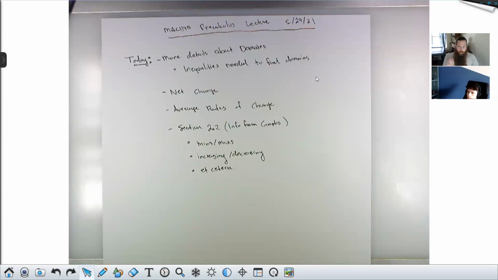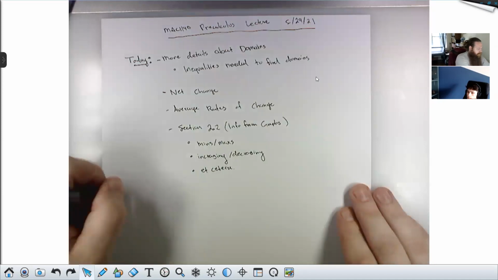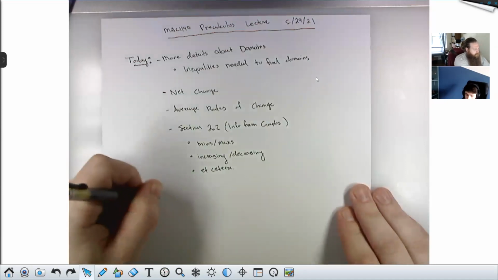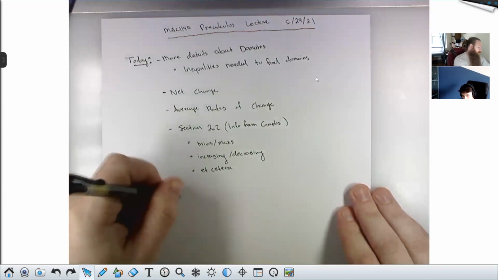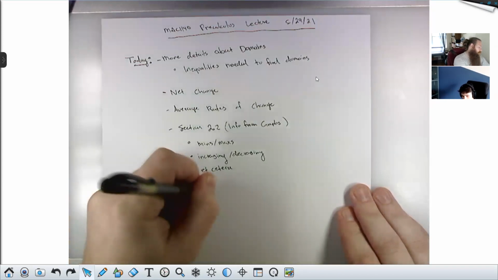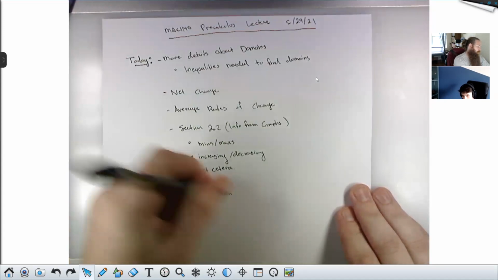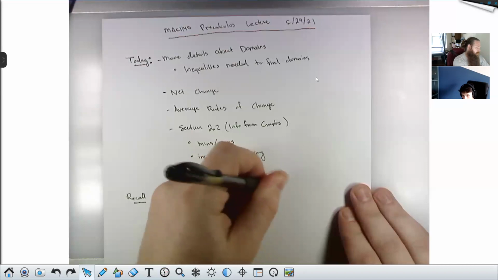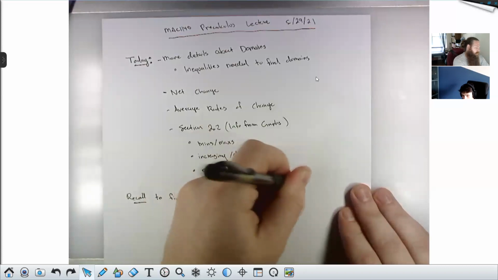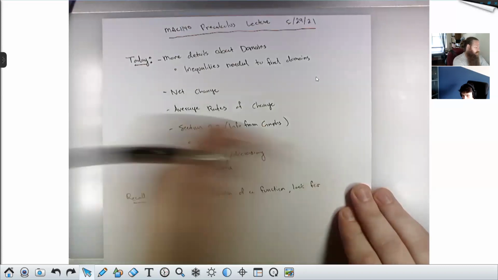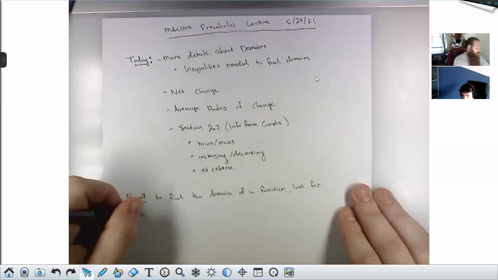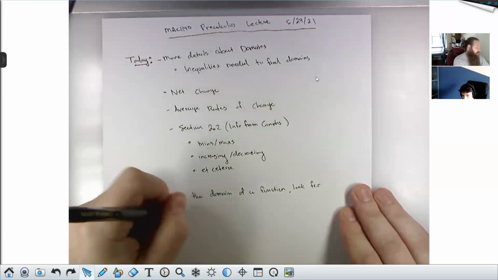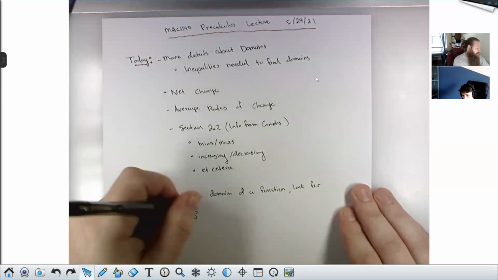So we'll begin here. Recall, to find the domain of a function, look for what we call domain red flags.